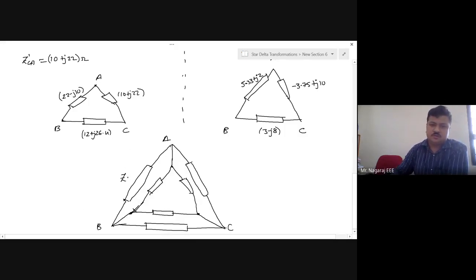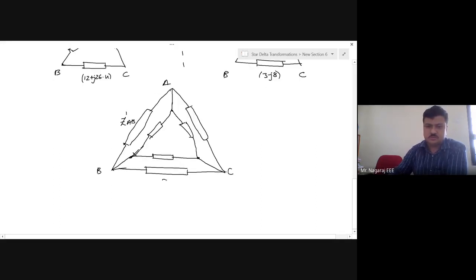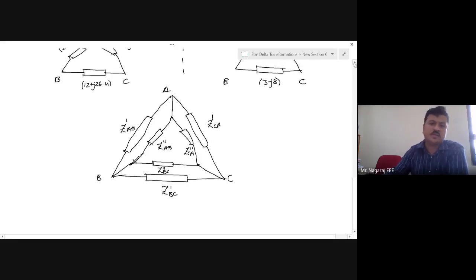So this is ZAB dash, ZBC dash, ZCA dash. It can be double dash also. If that is double dash, here it will be single dash. ZAB double dash, ZBC double dash, and ZCA double dash. Okay. Now, if you take parallel of ZAB dash and ZAB double dash, ZBC dash and ZBC double dash, ZCA dash and ZCA double dash, you will get the delta equivalent of the circuit given.